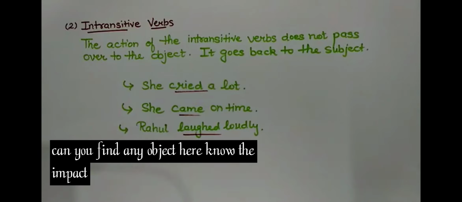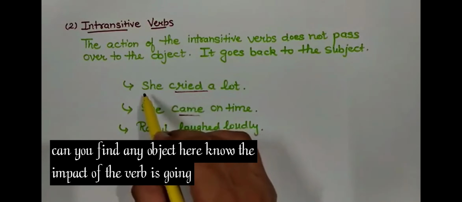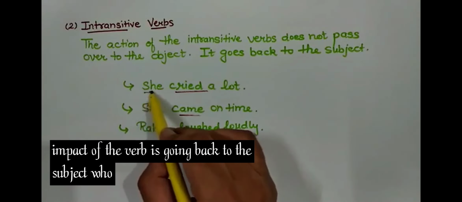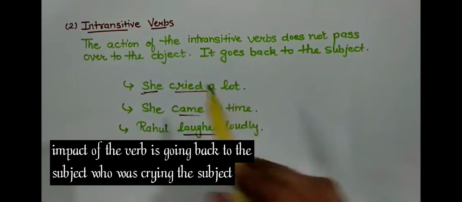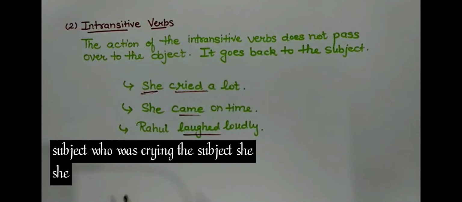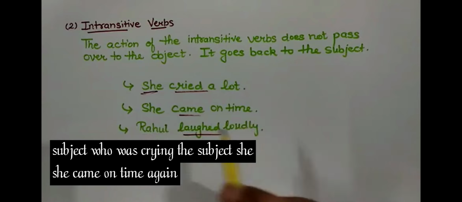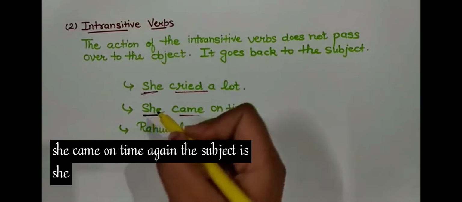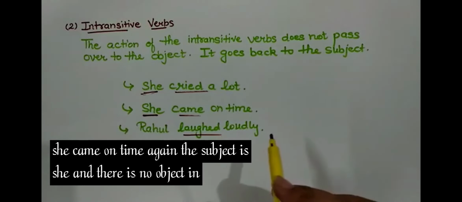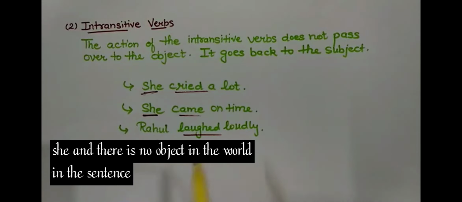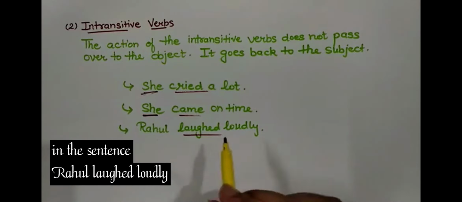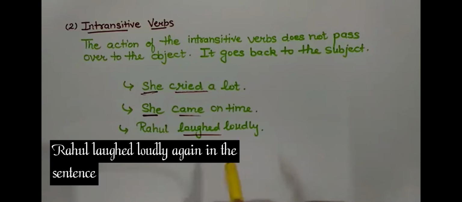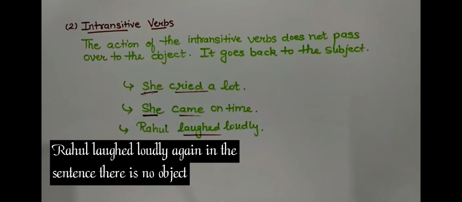No. The impact of the verb is going back to the subject. Who was crying? The subject, she. She came on time. Again, the subject is she and there is no object in the sentence. Rahul laughed loudly. Again in the sentence, there is no object.